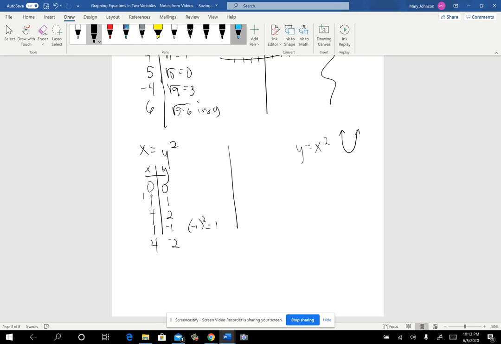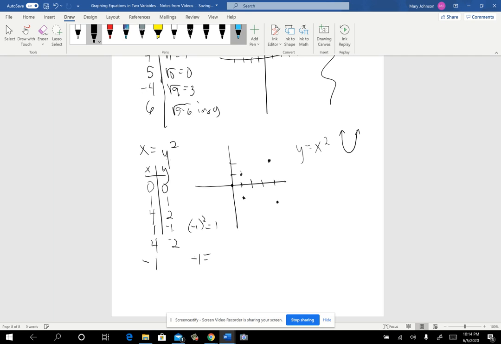So when you go to graph this one, this point is on it, then you get 1, 1, 4, 2, and then you get 1, negative 1, 4, negative 2. And then what about when I try to look to the left here? Like, what about a negative 1 for x?